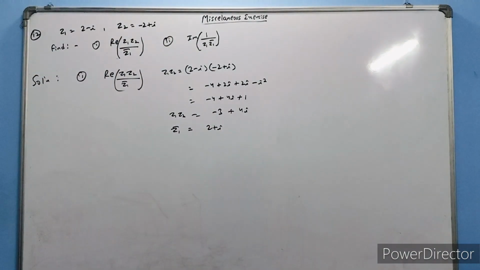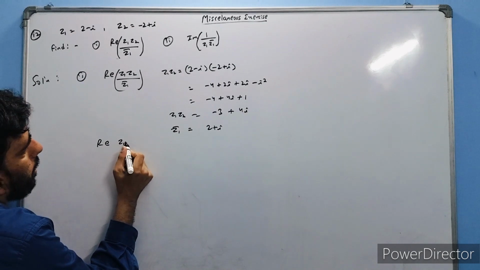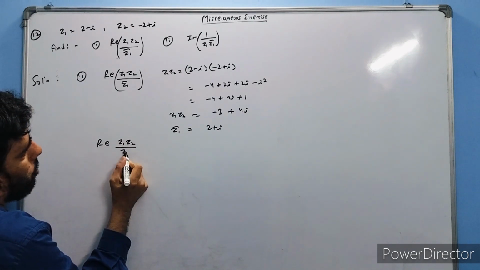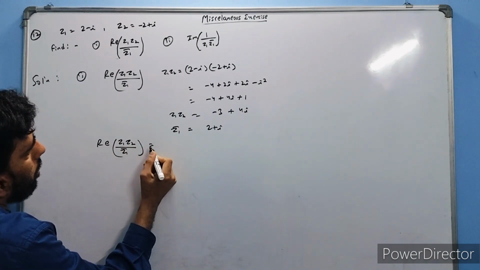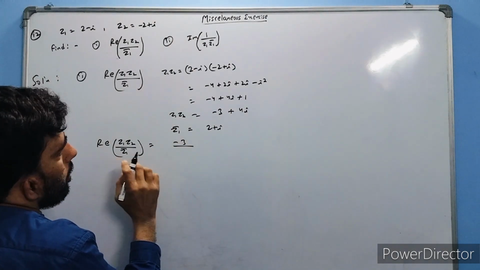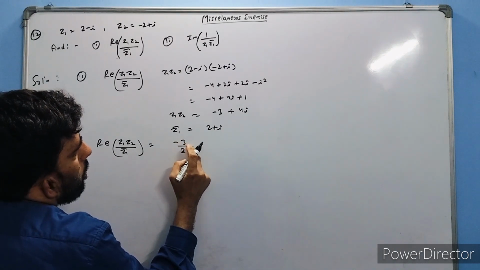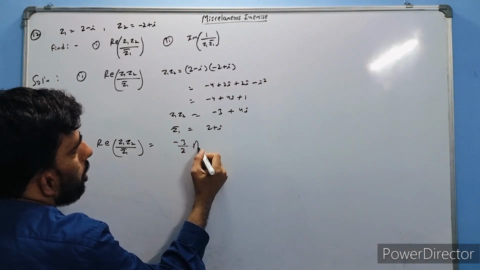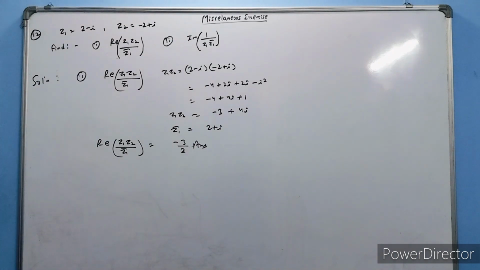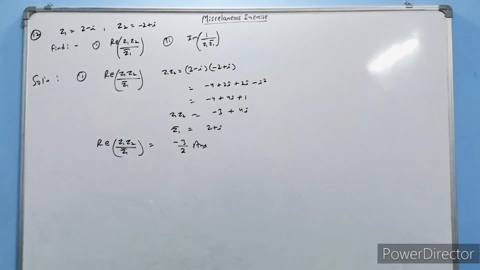So my value for that real number z1 z2 upon z1 bar, the product will be minus 3 upon z1 bar z1, so it will be 2. So that is my answer. Okay, because they are asking only about the real number, so we'll take that real number only. Okay, so that is what I have.